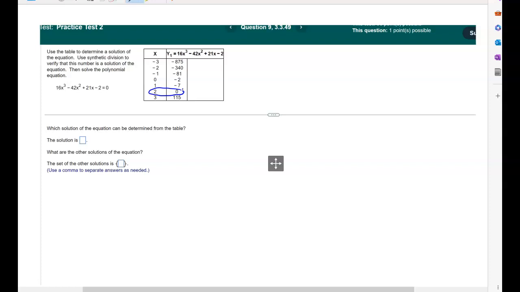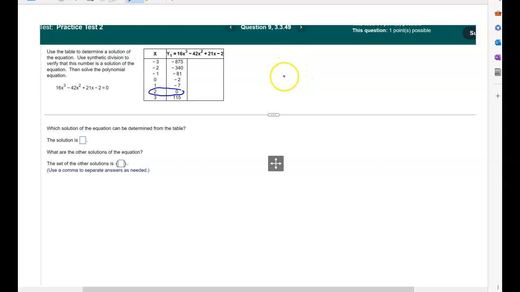Same as what we did a while ago, we are going to use synthetic division so we can find the quadratic factor, because you have a cubic factor here. If we perform synthetic division when x is equal to 2, then you get the coefficients of the other factor, which is a quadratic factor. So let's do synthetic division.